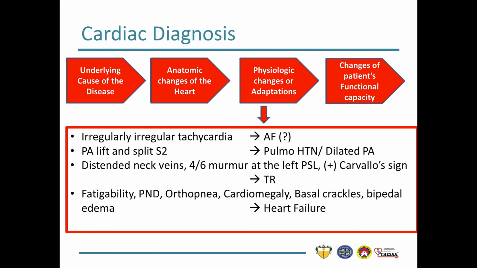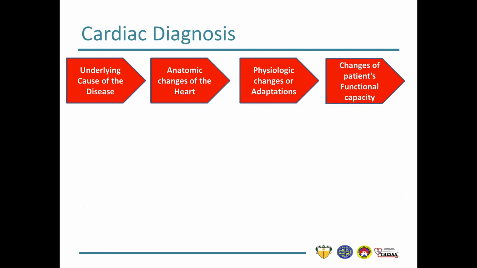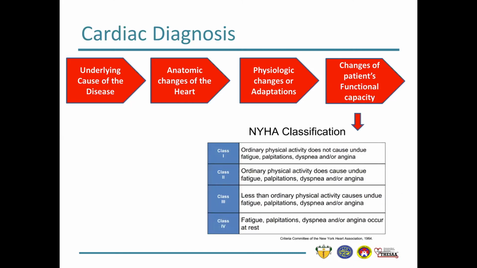And the patient has signs and symptoms of fatigability, paroxysmal nocturnal dyspnea, orthopnea, cardiomegaly on physical examination, as well as basal crackles and bipedal edema, which points to heart failure. We now look at the changes in the patient's functional capacity. If you would remember, the patient had symptoms even when she is speaking at rest. So we have a class 4 patient.